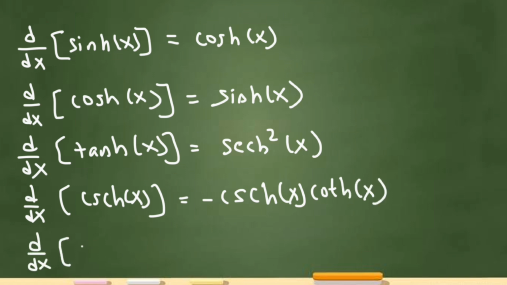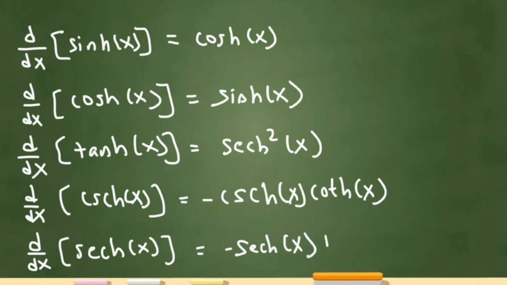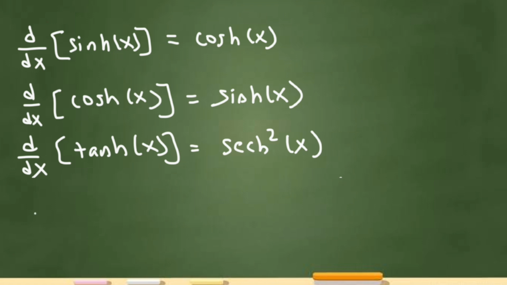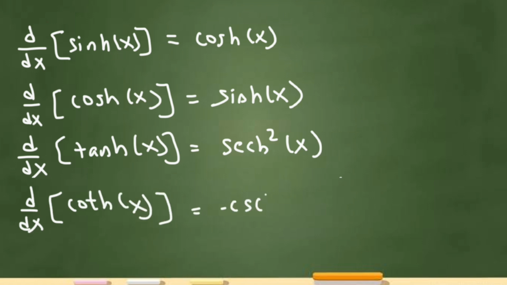Now the derivative for hyperbolic secant x, that's negative hyperbolic secant times hyperbolic tangent. Now the derivative for cotangent is negative cosecant squared.